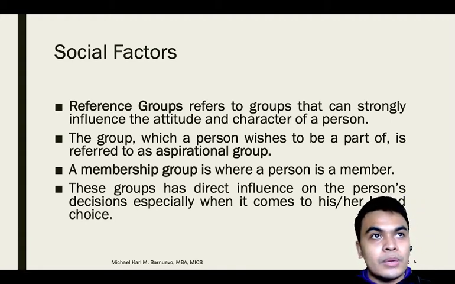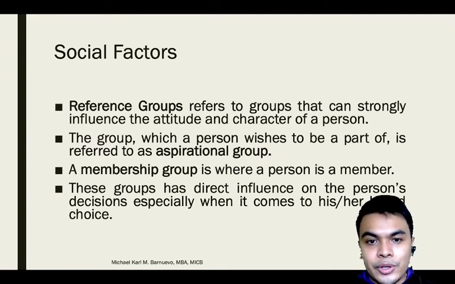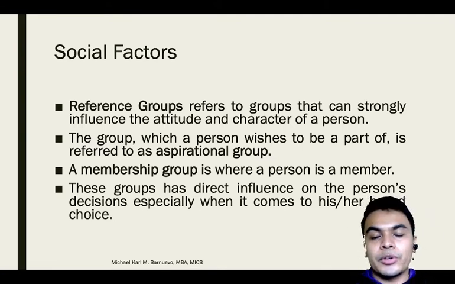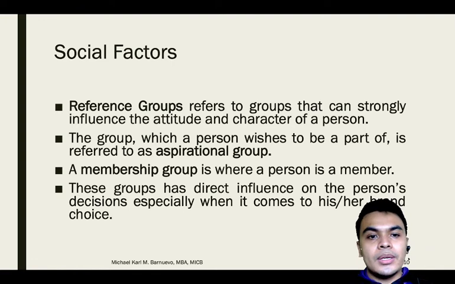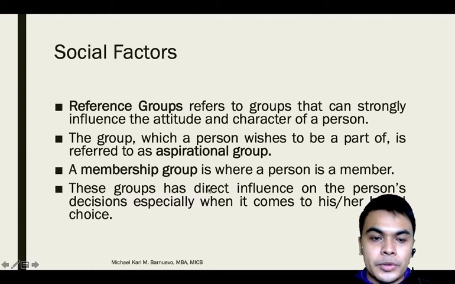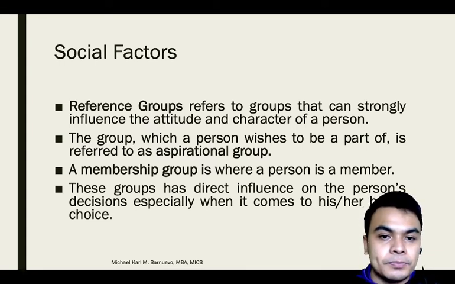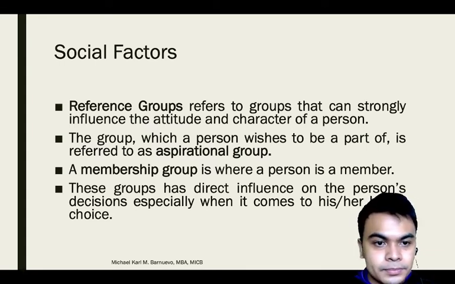When it comes to preference of art, some prefer Japanese art, or for movies or media, they prefer Korean. These are reference groups. The group which a person wishes to be a part of is referred to as an aspirational group. You are not part of the group yet, but you want to be part of that group. That is an aspirational group.